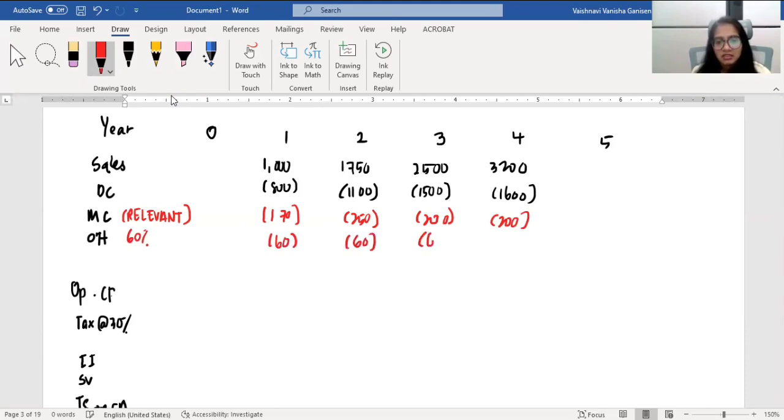60, 60, and 60. Okay. So let's take some time to calculate the operating cash flow. So 200, 130.